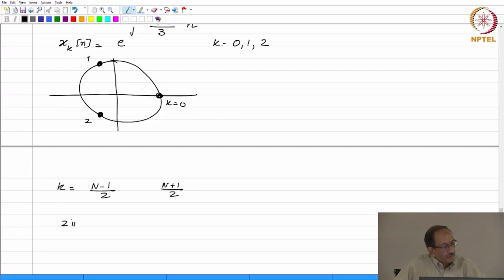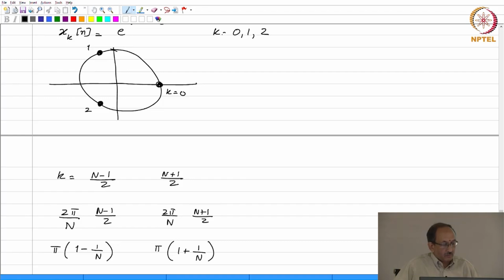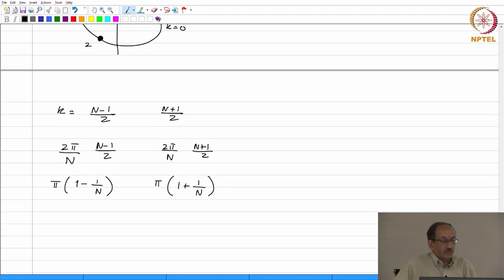So, 2 pi by N times k, k is N minus 1 by 2, and here you have 2 pi by N, N plus 1 by 2, all right. So, the actual frequencies are pi times 1 minus 1 by N and pi times 1 plus 1 by N. So, these are the 2 sinusoids whose frequencies are closest to pi. You do not actually hit the pi frequency because N is odd.